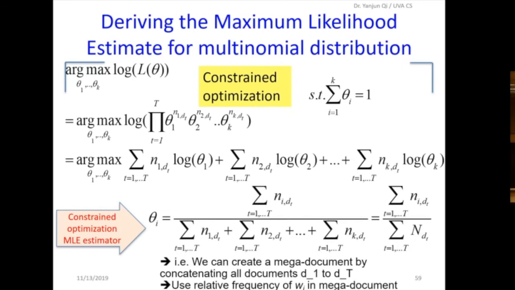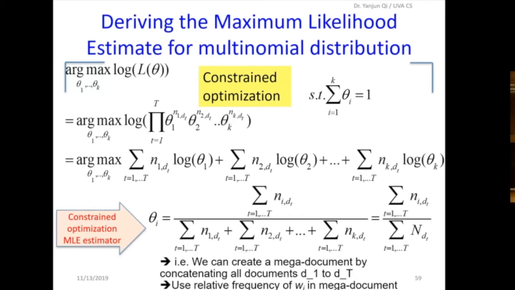Performing multinomial estimation is actually extremely easy. Again, just to clarify the context, we're not conditioned on C yet. I'm giving you multiple text samples and a dictionary of words W1 to WK. How do you estimate the multinomial distribution? Very easy.